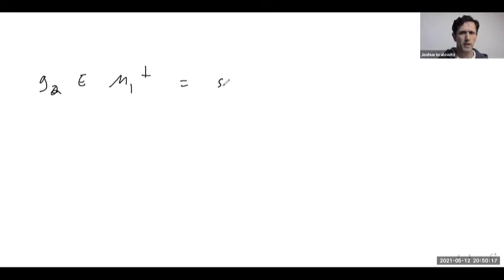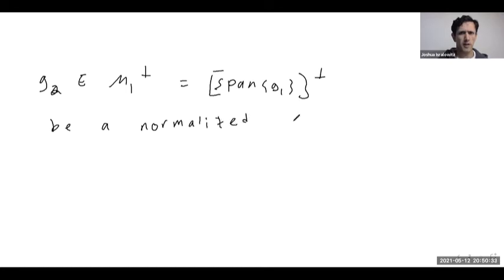Just to remind you what that is, it's the span G1 perp. So let's say this is a normalized eigenvector of T2.